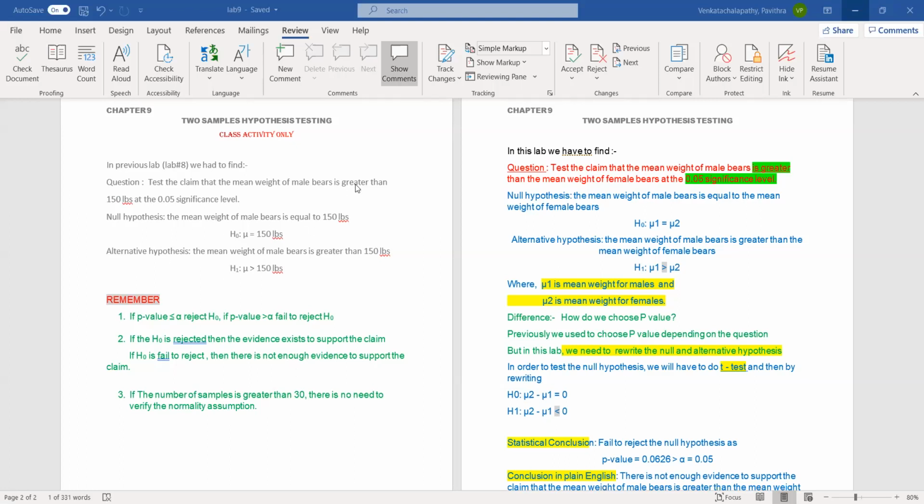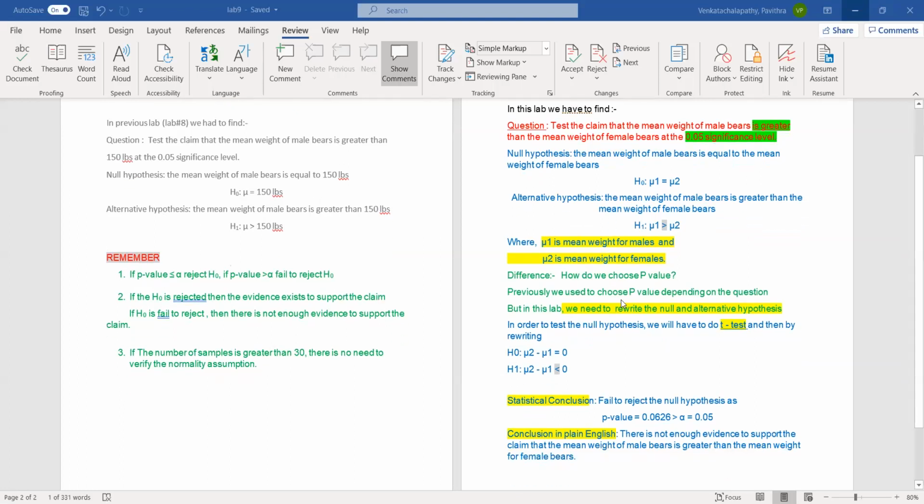If it is greater than, then you are choosing p greater than t, right? But in this lab, it completely depends upon the null and alternative hypothesis, not on this, but on this. So to find the p-value, we have to rewrite this null and alternative hypothesis.